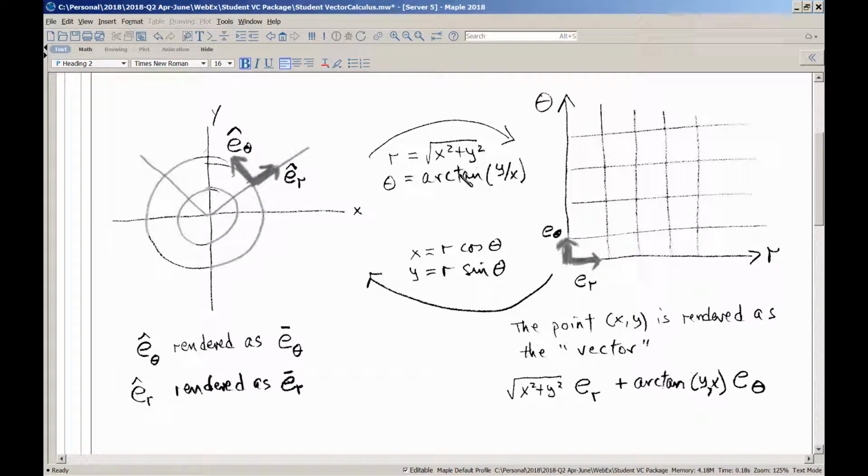R is the square root of x squared plus y squared, and arctan y over x for theta. If you have the coordinates in Cartesian terms, you have an x and a y, you can compute an r and a theta. And that r and theta can be placed in this rectangular version of a polar plane.